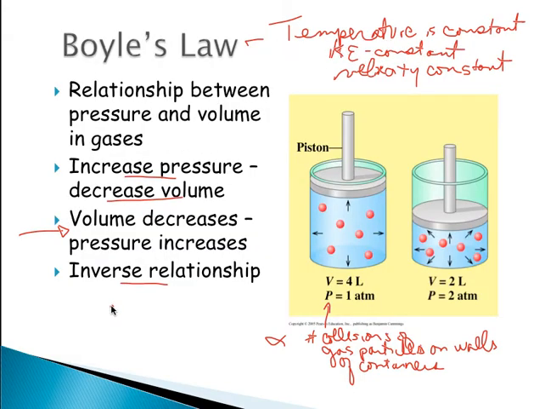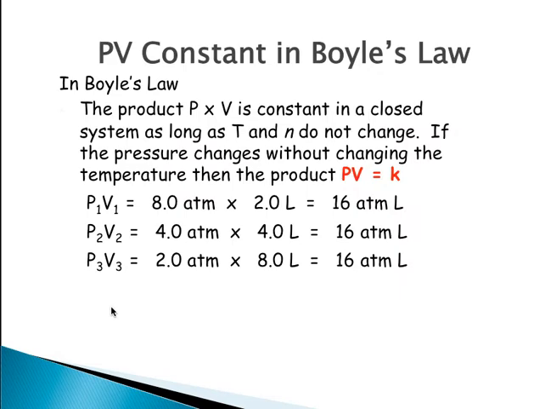Okay. And mathematically, we can express that as PV, pressure times volume for a system, is equal to K, a constant. This just represents a constant.